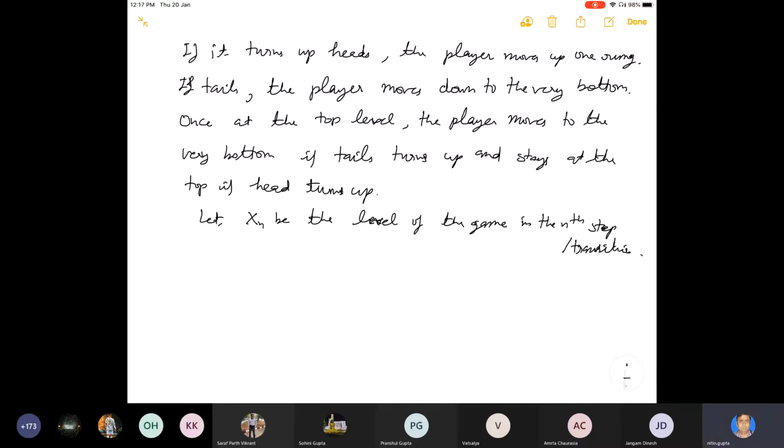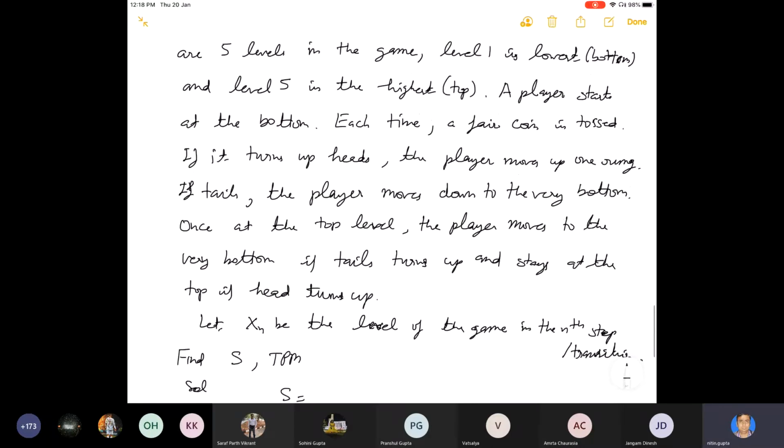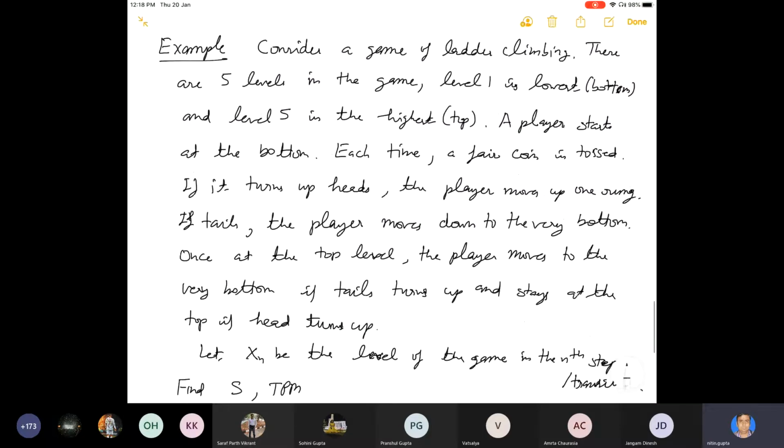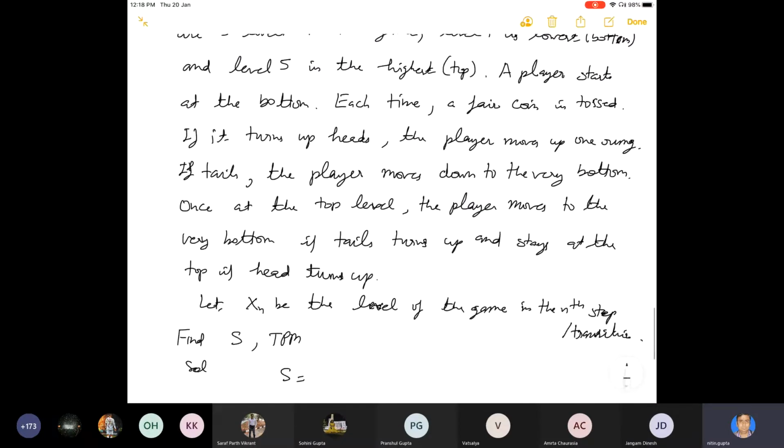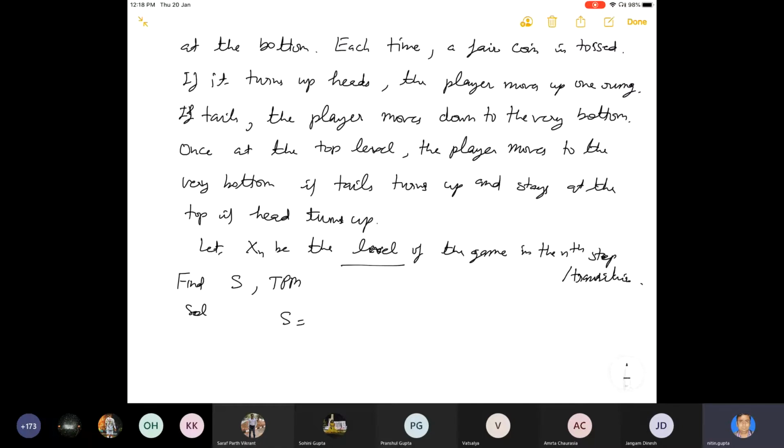Find the TPM and the state space. So clearly, because there are 5 levels, level 1, level 2, level 3, level 4, level 5, Xn is the level of the game. So state space, the values taken by Xn, will be 1, 2, 3, 4, 5. So this is the state space.